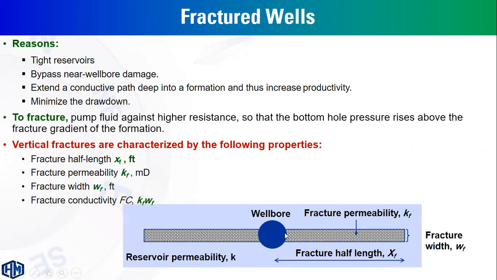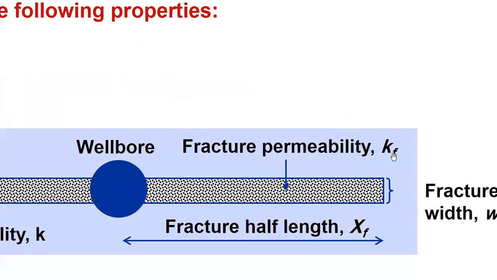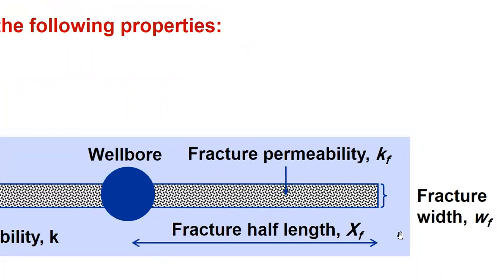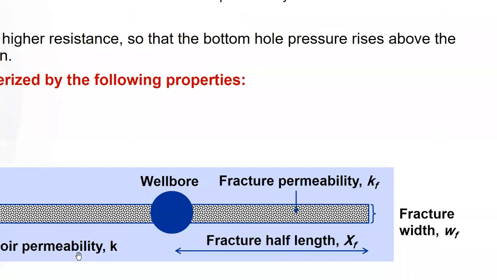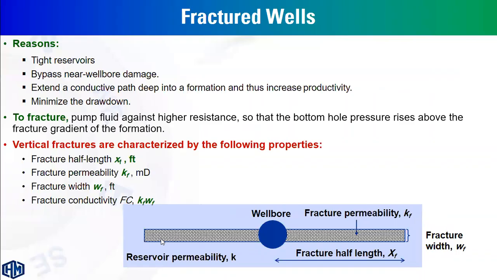As you can see, let's say we have this vertical well, and we have a vertical fracture, and the fracture propagates in the direction of maximum stress in the vertical direction. So we have this fracture permeability K sub F, the fracture half length XF, and the fracture width WF, and the actual reservoir permeability is permeability K.